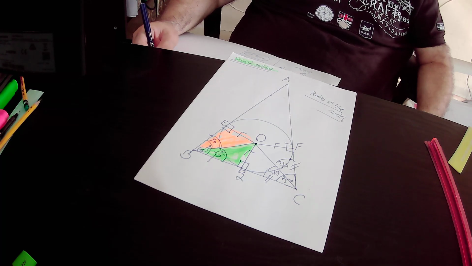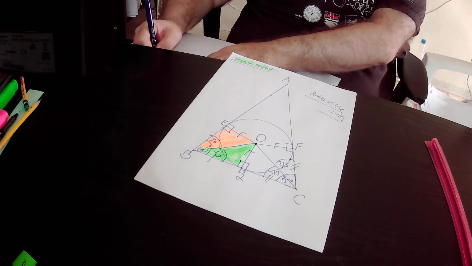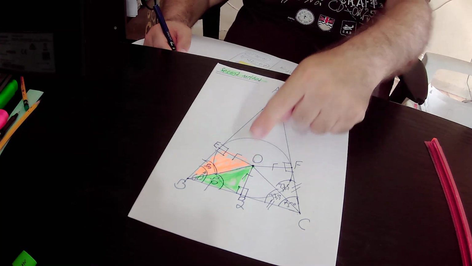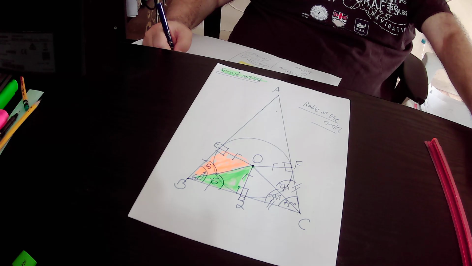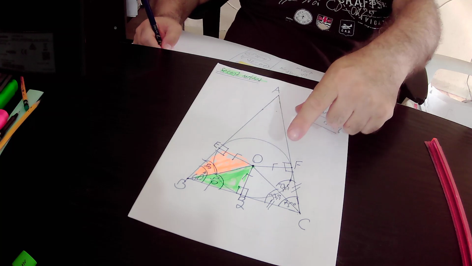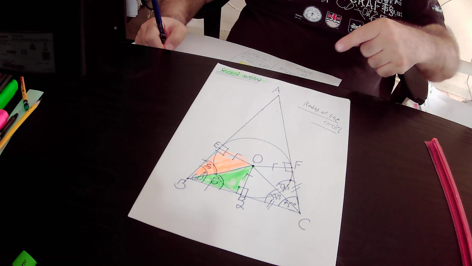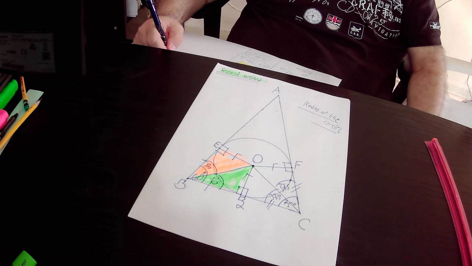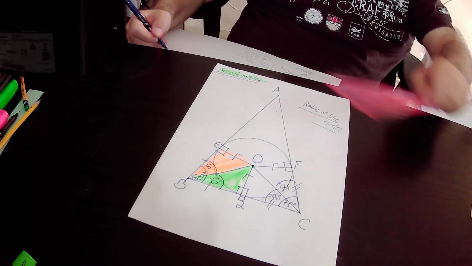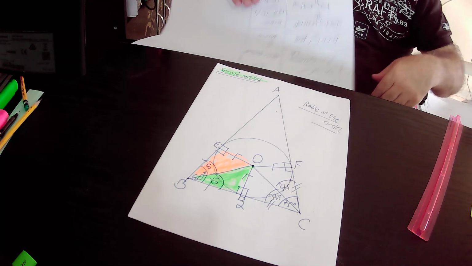In the green triangle OBD, we know that tangent 30 degrees is equal to OD over BD. I'll repeat again.